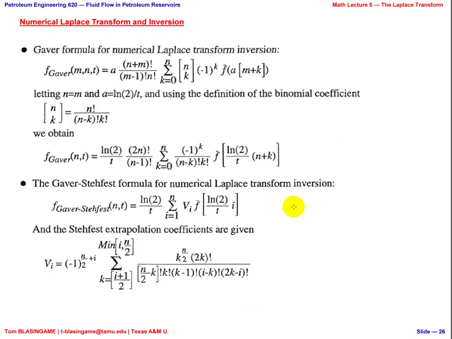And this one, which is the best friend of whoever does analytical analysis of reservoir modeling, is from Laplace to real domain.